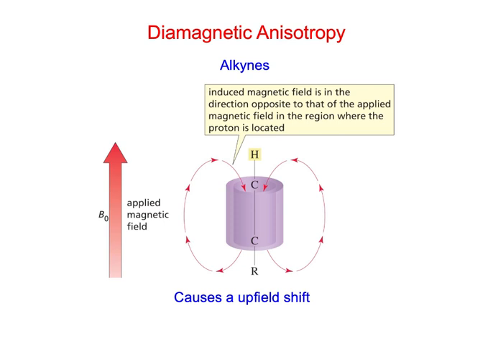And so we almost have a donut that goes around the axis of the alkyne. So we can have cycling this way, which creates these magnetic field lines. But what's different here is that the location of the hydrogen is in a location where the magnetic field lines are opposed to the applied magnetic field. So it's going to actually cause a little bit of shielding rather than deshielding.